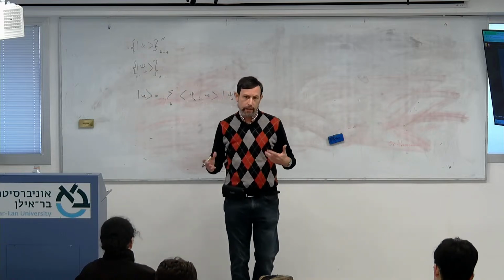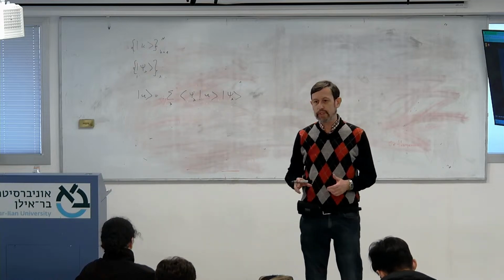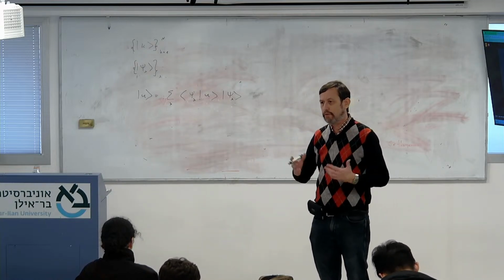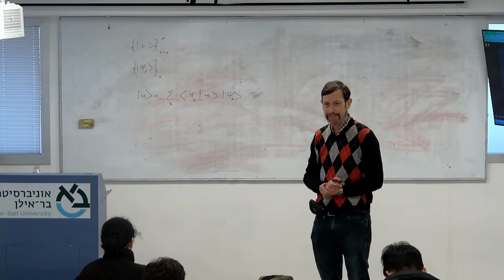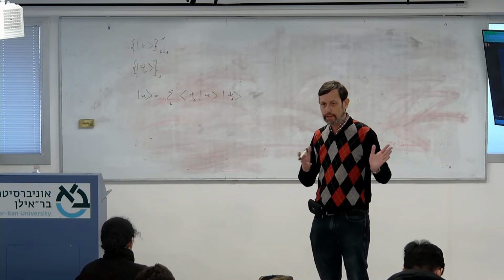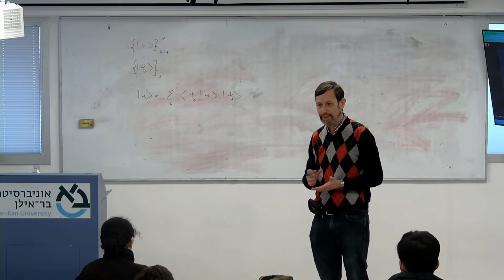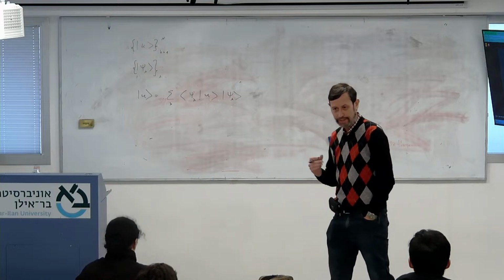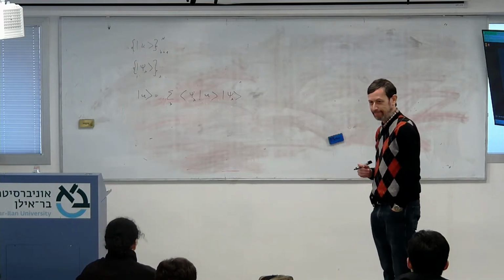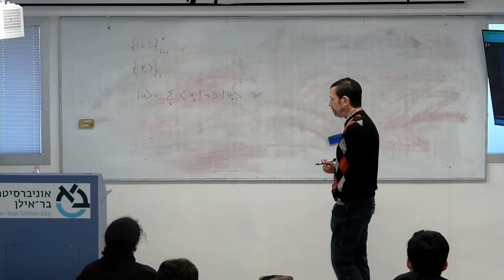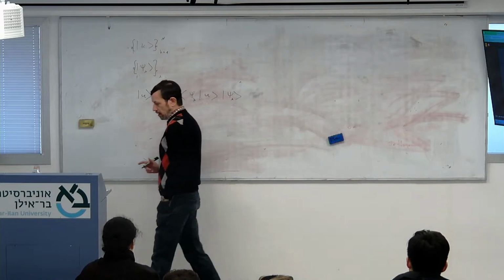The only thing is that I just stated, I didn't prove, that it's a full basis and it spans. If someone is interested, you can go back to your linear algebra course. I hope that was proven there. Okay.